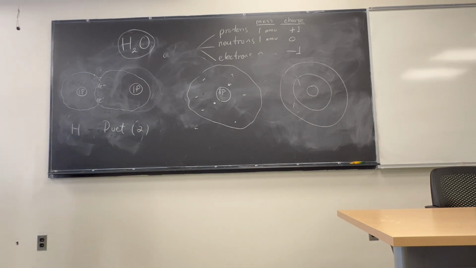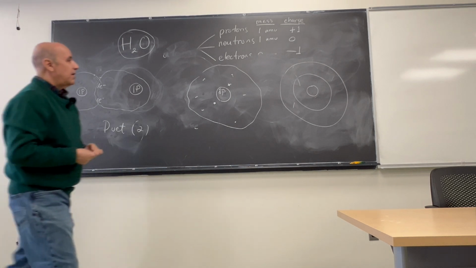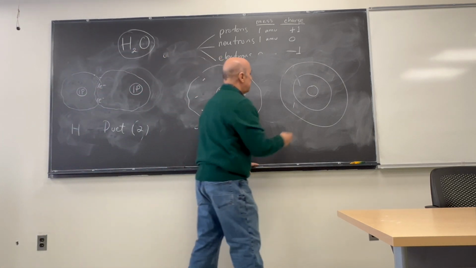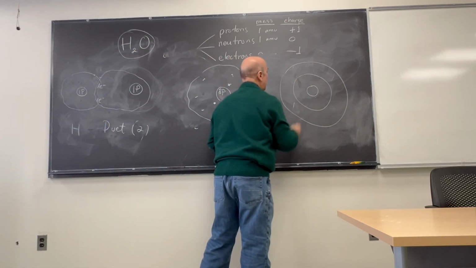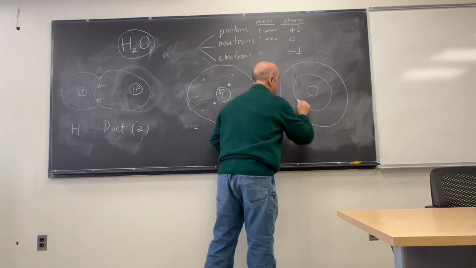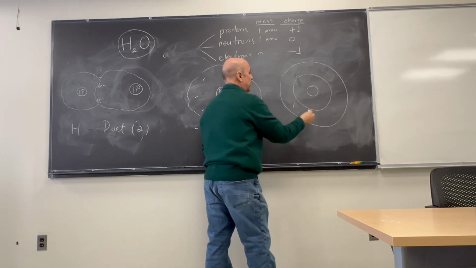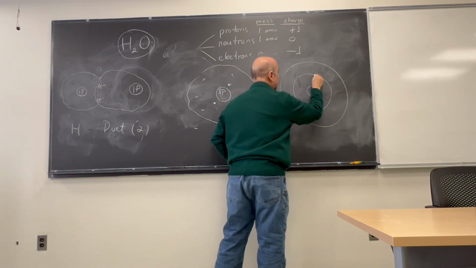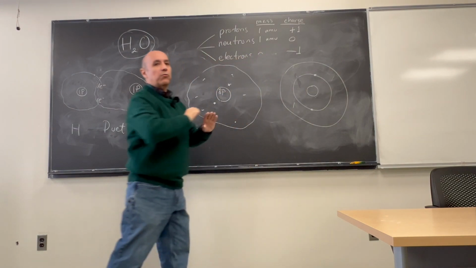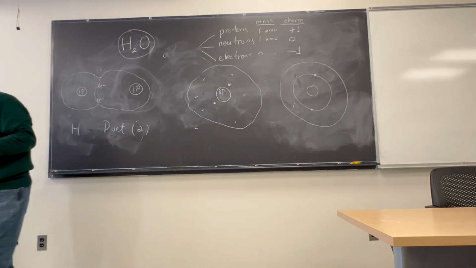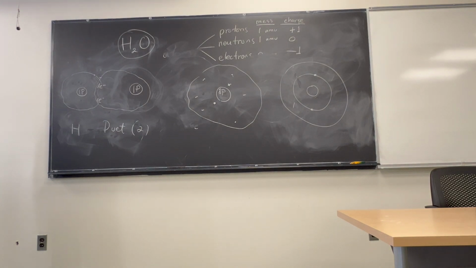There's not enough room for every electron to be close to the nucleus. And the not enough room is explained in the following way. Very close to the nucleus, we have an orbit, a cloud, that can accommodate 2 electrons. There's no more room than space for 2 electrons.